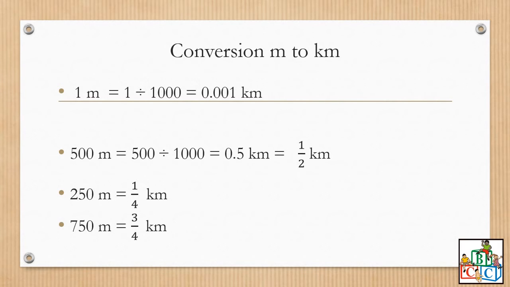Next one, 750 meters is equal to 3/4 kilometers. You're going to memorize this and note this down in your copybook.